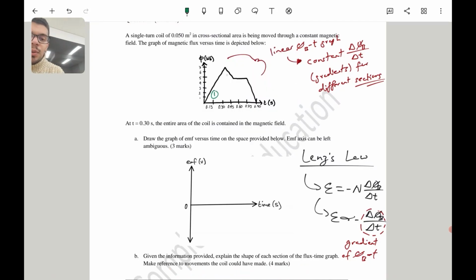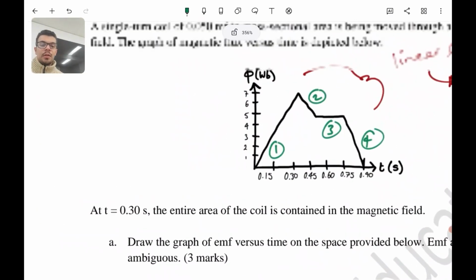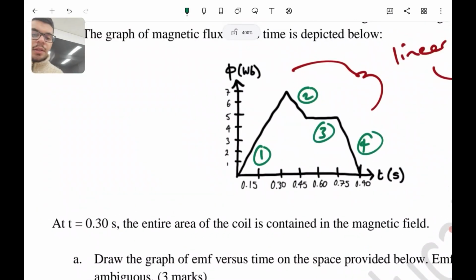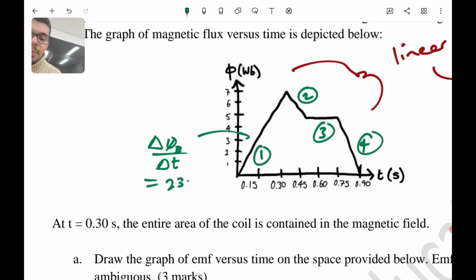Let's call this section 1, section 2, section 3, and section 4. So for section number 1, we can figure out the gradient. And the gradient for section 1, exactly speaking, is going to be 7 over 0.3. So here, delta flux over delta t is equal to 23.33.